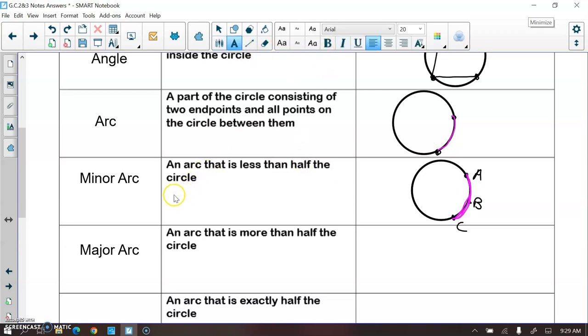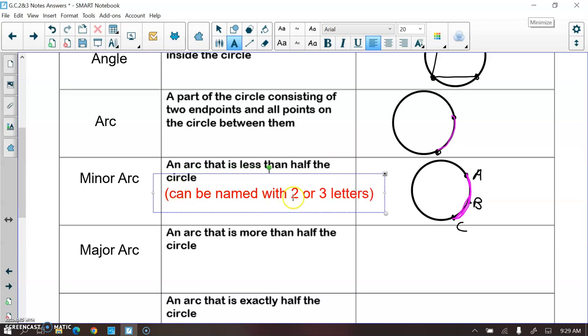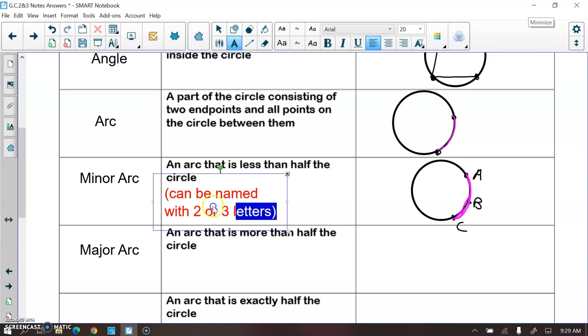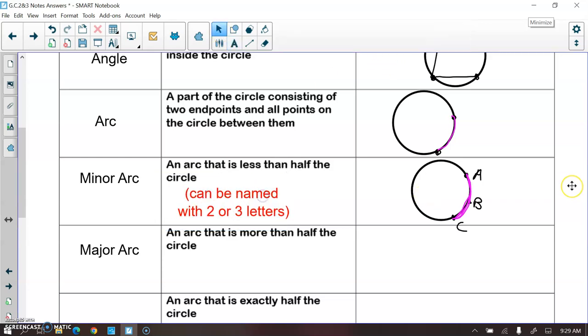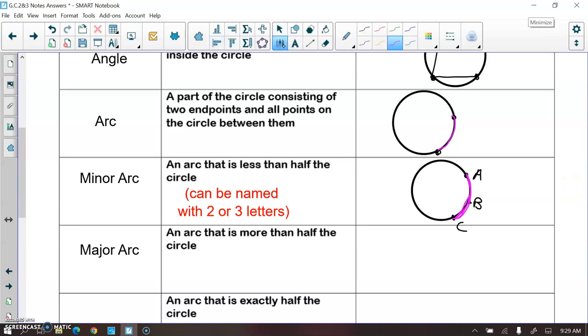Minor arcs can be named with 2 or 3 letters. So I can name this arc, and I'm talking about the whole pink arc, I can name this arc AC, or I can name this arc ABC.